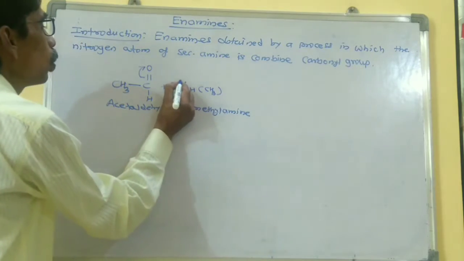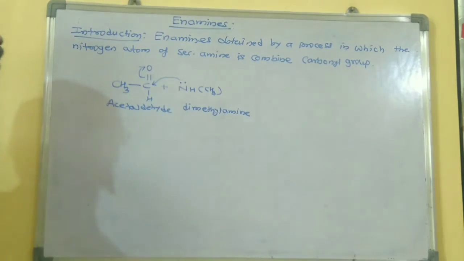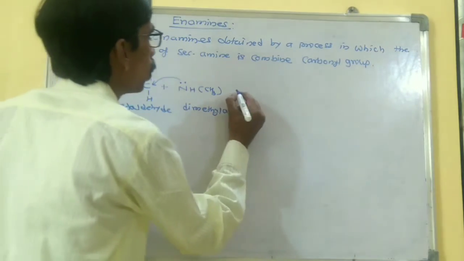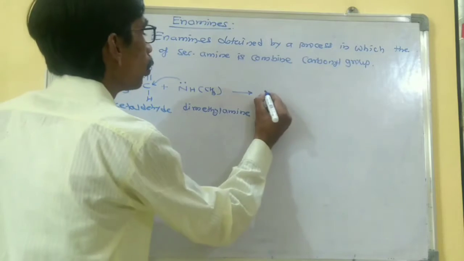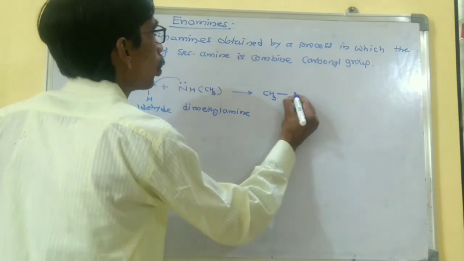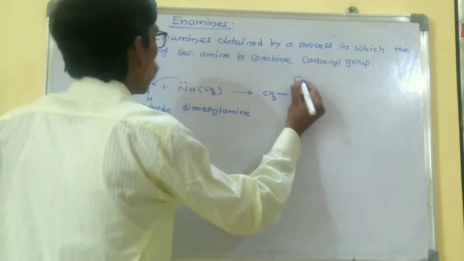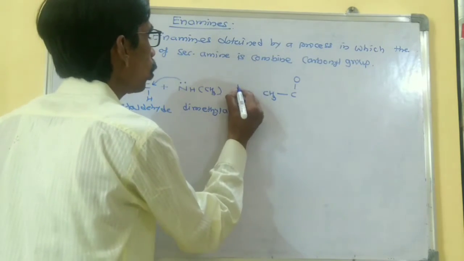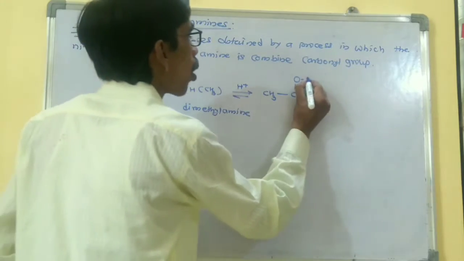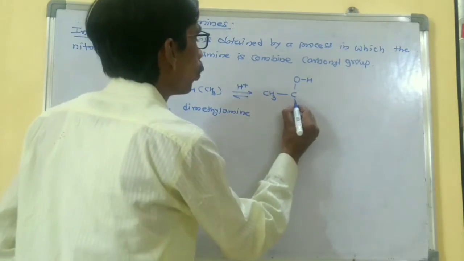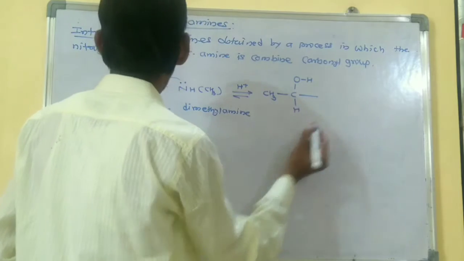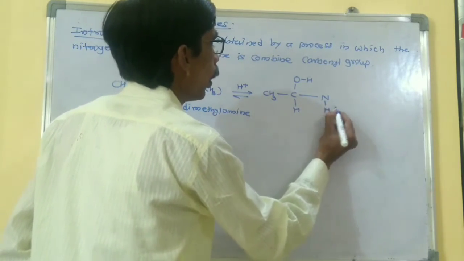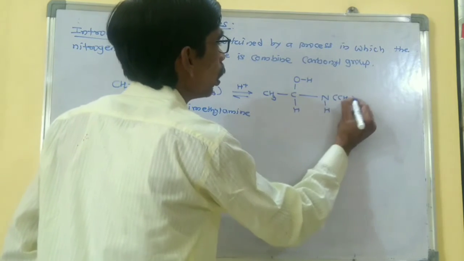Now this nitrogen atom gives one electron to this positively charged carbon, and the bond is formed between this carbon and nitrogen. So we get CH3 C, OH, H, and the bond between carbon and nitrogen.